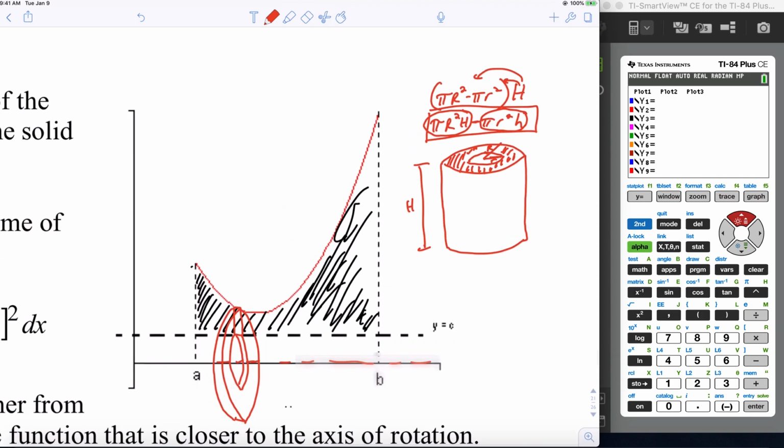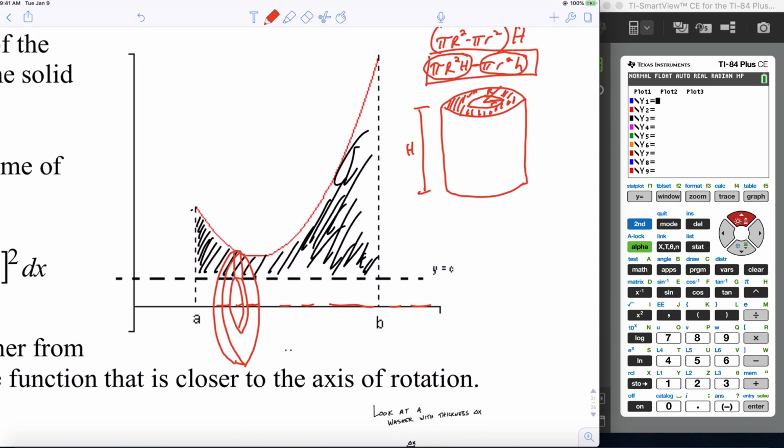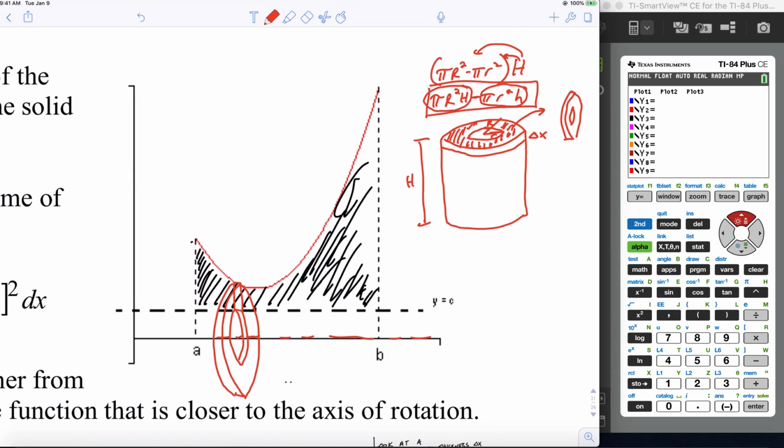So we're going to do that same idea, but once again, we're going to shrink our h down to be a really small height, and we're going to call it delta x because we're going to turn it up on its side, so that it's something like this. But again, what's going to happen here is our big radius of our outer function will be that height, and we have this axis of rotation.